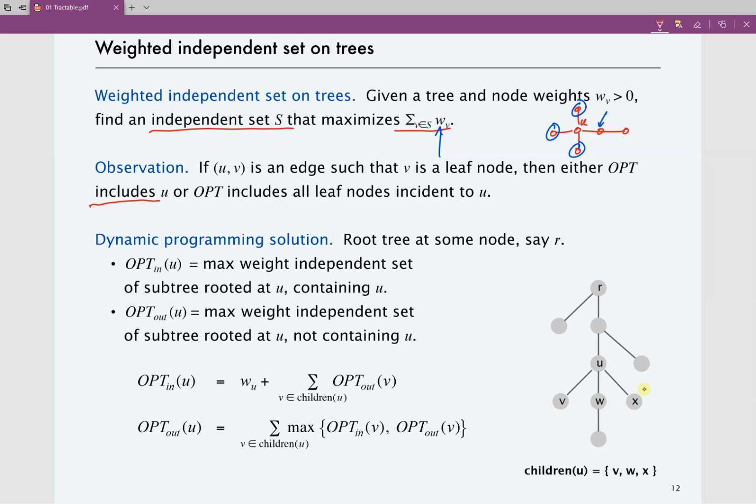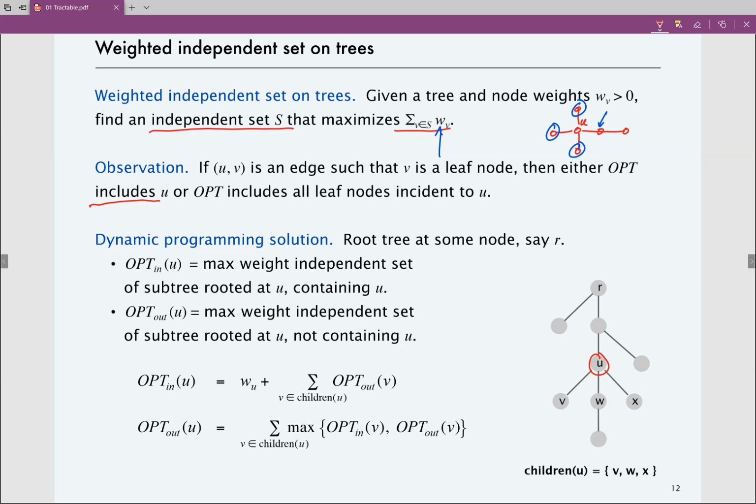For example, R here is our root, and if you take this node U, then the subtree of U would be all of these nodes V, W, X, and this node down here.